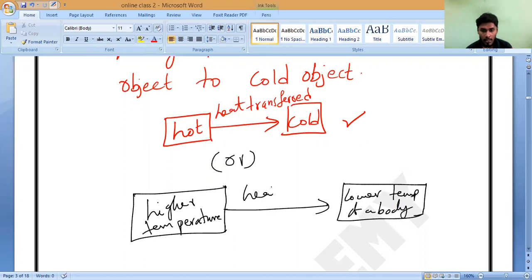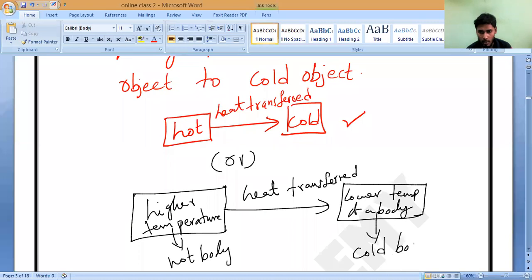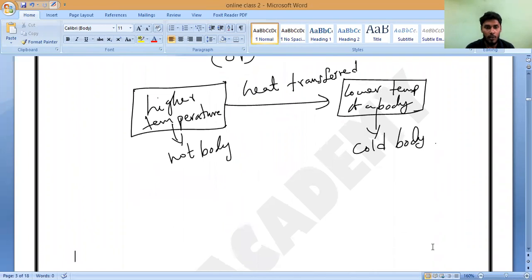Here also heat is transferred, because the higher temperature body we should call the hot body, and the lower temperature body is called the cold body. This is the definition of transfer of heat. Is there any doubt? No doubt, sir.